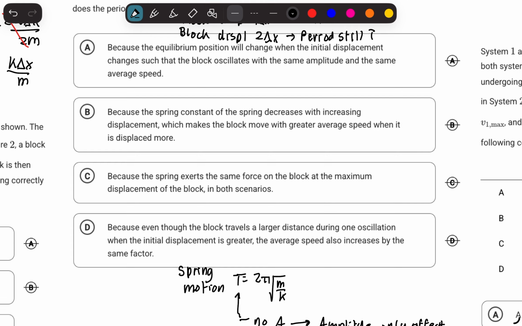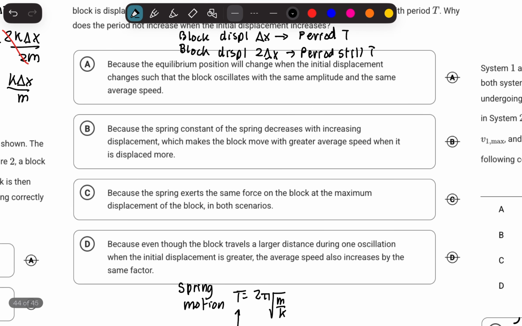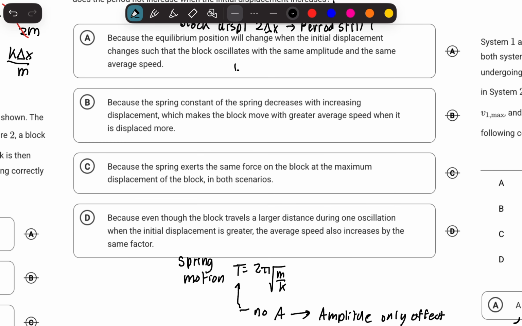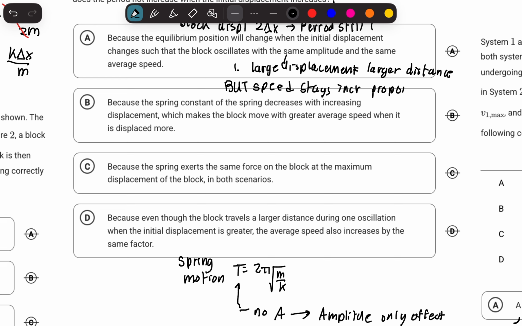Now, if we look at the explanations, a correct explanation needs to show that a larger displacement means a larger distance, and also that the speed stays the same or the speed increases proportionally. So the time stays the same.